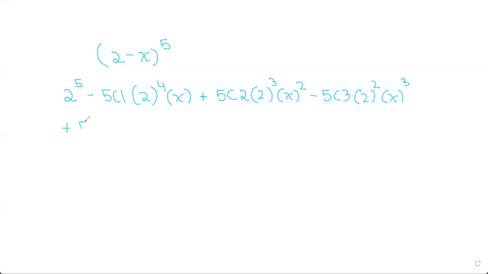Plus 5c2 into 2 into x to the power of 4 minus 5c1 into 2 into, okay, sorry, this 2 is just not supposed to be there. This will just be x to the power of 5.